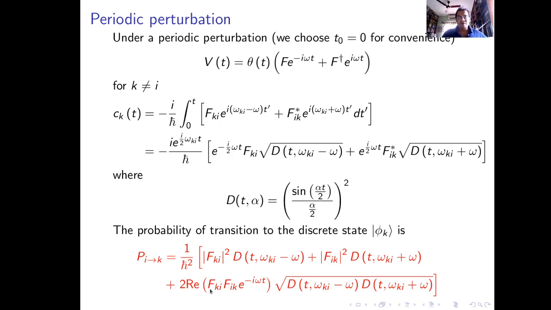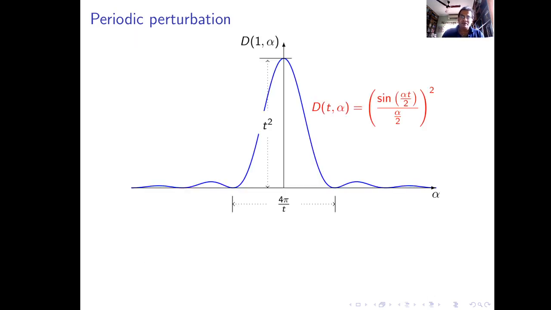The last term here can acquire either a plus sign or a minus sign. Once again, the minus sign will occur only in a situation where you are far away from the central maximum and the value is too tiny there to be of any consequence. Just to put this in perspective, let me show you what the graph of the function d_t(alpha) looks like. Again, we already saw this in the last lecture.